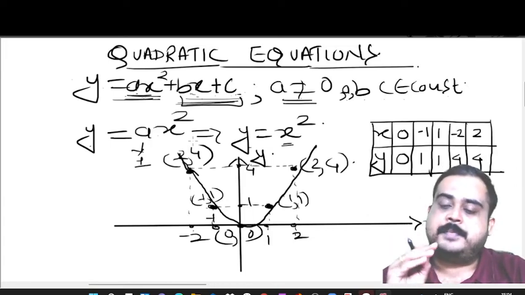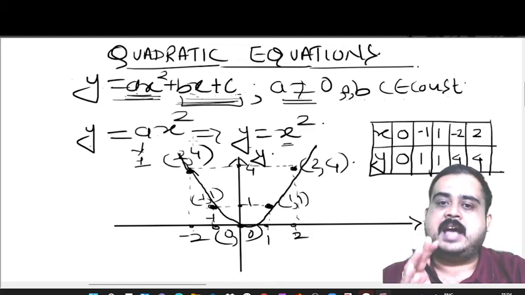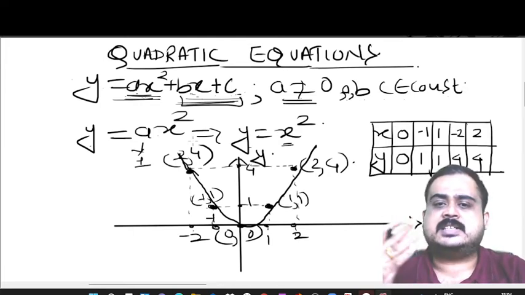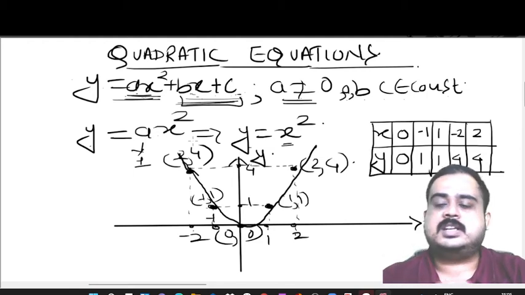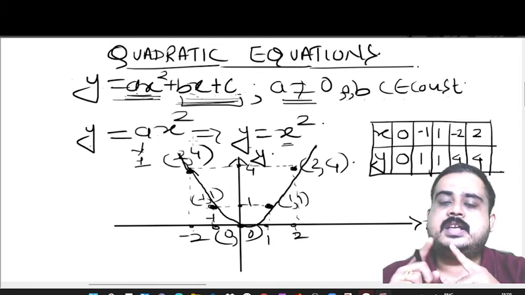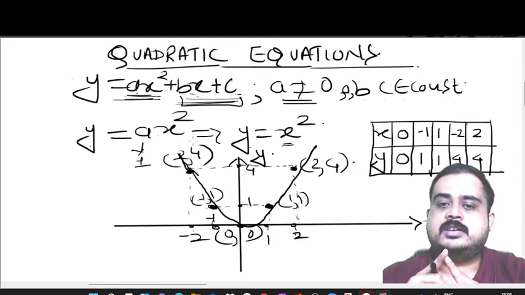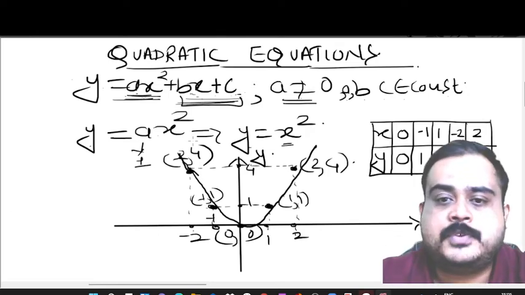You will get a parabola only. The only difference this bx plus c will have or will impact here is the positioning of the parabola, whether it will be above x-axis or below x-axis or towards the right of origin or towards the left of origin and so on. So the parabola is because of this ax square. So this will remain ax square even if we add bx plus c to this. I hope this should be clear to all of you.